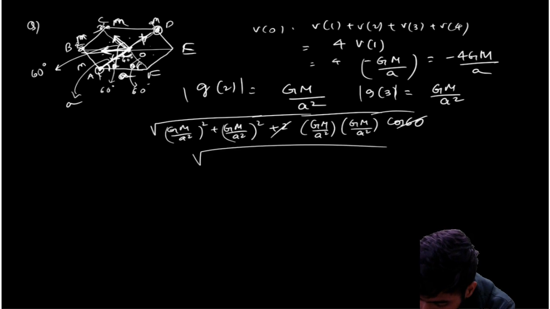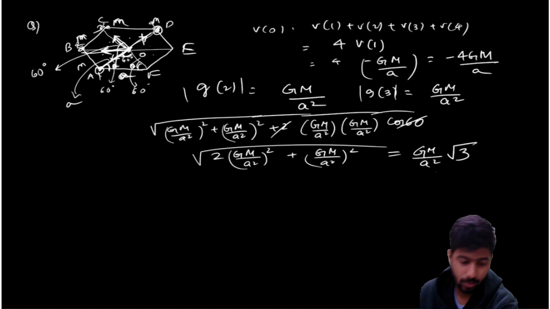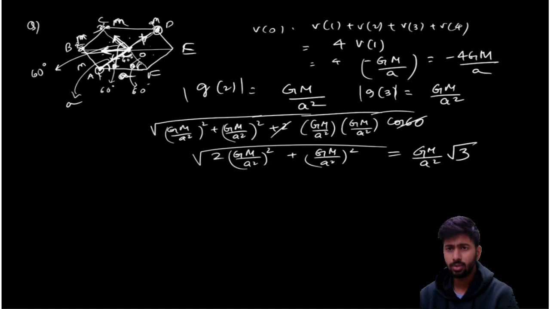So it's nothing but the root of 2 into (Gm by A square) whole square plus (Gm by A square) whole square. Take Gm by A square out of the root, and it's root 3. So root 3 Gm by A square is the field at the center due to all of these masses, right?